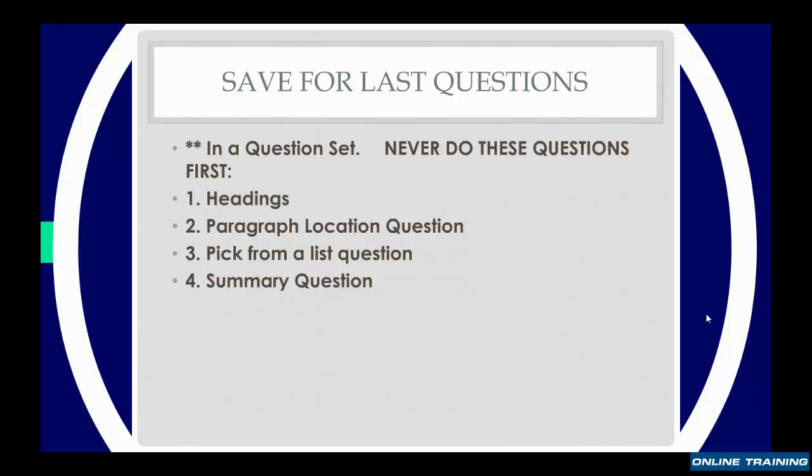So if you do those two question types first, you'll get a lot of answers correct, and also you'll have a chance to look at a lot of the reading passage while you're answering those questions. And then when you go back and do a headings question or a paragraph location question, they're much easier to do after you've already had a chance to go through a reading passage by doing the questions that go in order. So that's why I suggest that you save and do those questions for last.